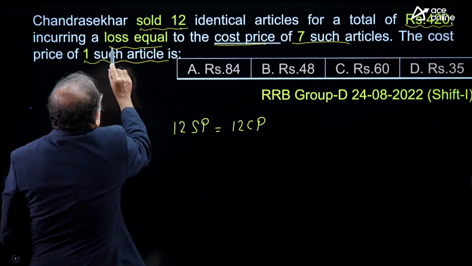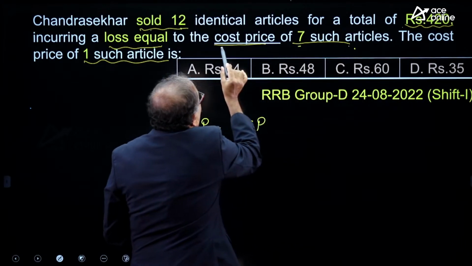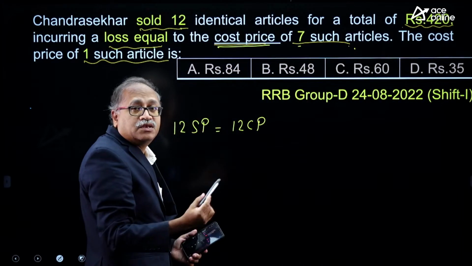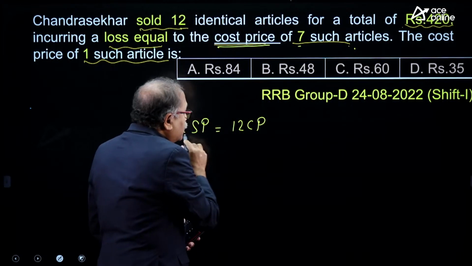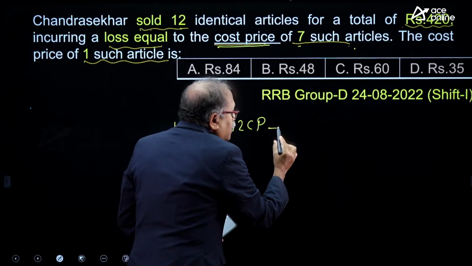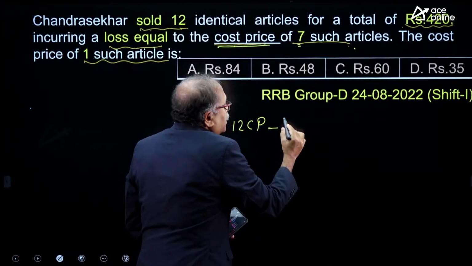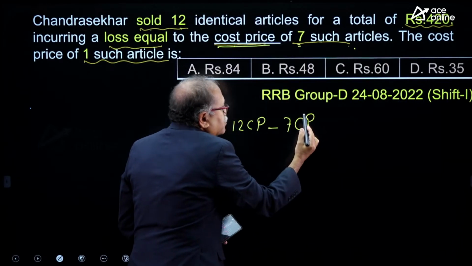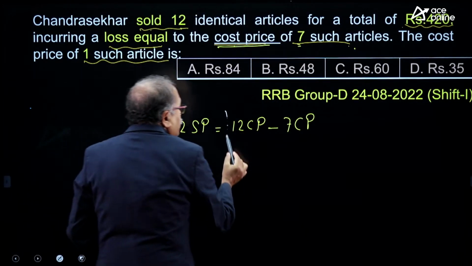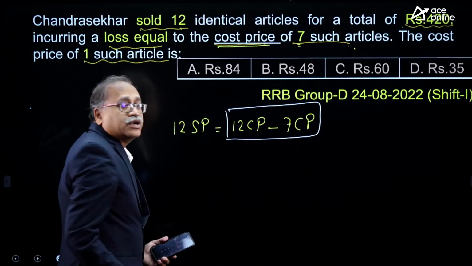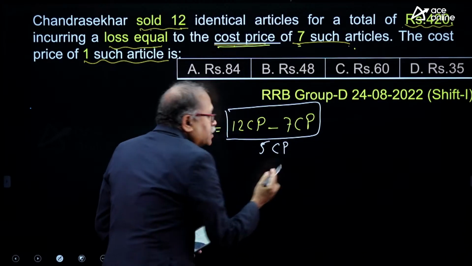Here there is a loss, which is equal to the cost price of 7 articles. So, 12 SP is equal to 12 CP minus the loss of 7 CP. What does it come to? I am sure you people are understanding over here. So, this comes to 5 CP.